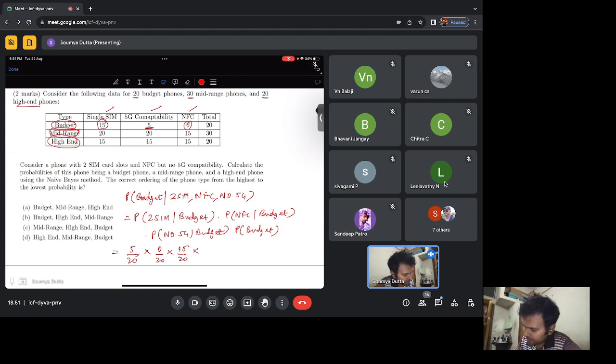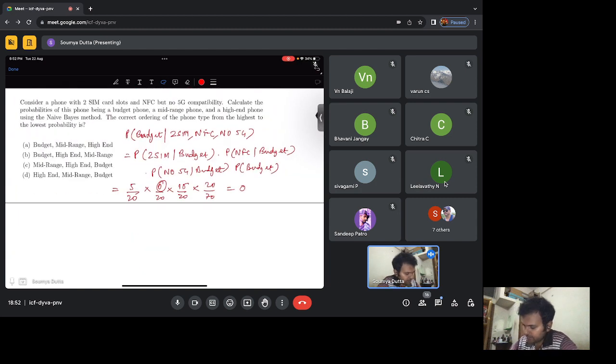Out of 20 plus 30 plus 20, which is 70 phones, we have 20 budget phones. So this is 20 by 70, which is equal to 0 because this is 0. Okay, likewise you can find it for the mid range also. So mid range given 2 SIM cards, NFC.